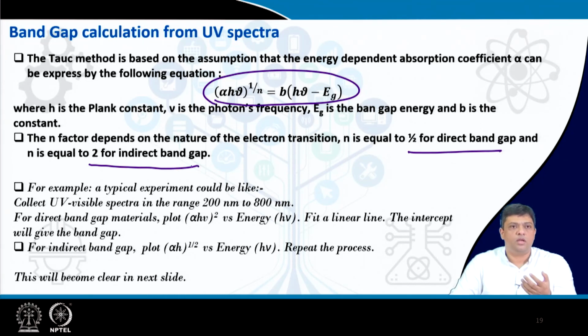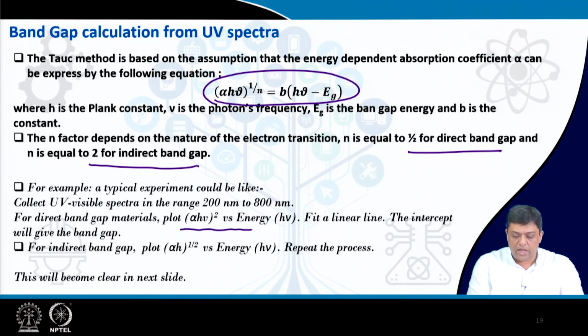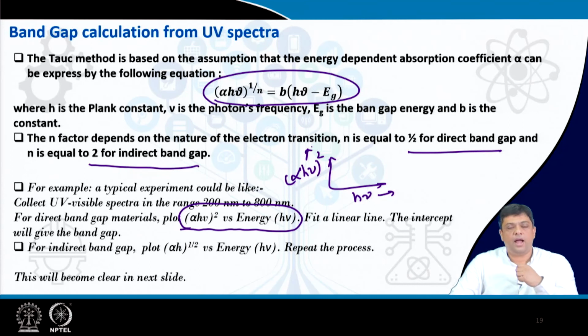So, if you are measuring a material where you are seeing direct band gap, then you will plot alpha h nu square as a function of h nu, and you will get a curve, and in the region where you can fit a linear line, you will fit a linear line and then extrapolate it.